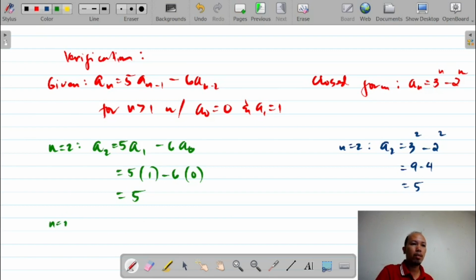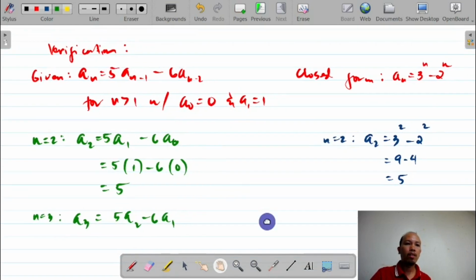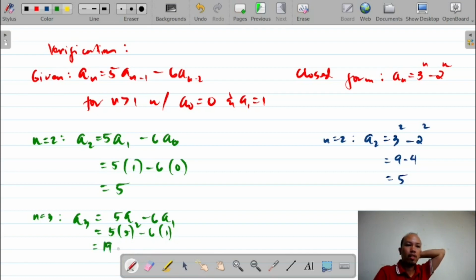Maybe this is the last one. A sub 3, we have 5 a sub 2 minus 6 a sub 1. a sub 2 is 5, minus 6 times a sub 1, which is 1. So this is 25 minus 6, 19, right? 19.